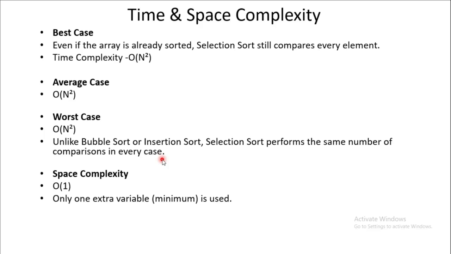In order to find the minimum from the unsorted array, it needs to compare each and every element. So in every case, that is best case, average case as well as worst case, the time complexity of selection sort is big O of n square, where n is the total number of elements in the array, and the space complexity is constant, that is big O of 1, as it requires only one extra variable, that is min.